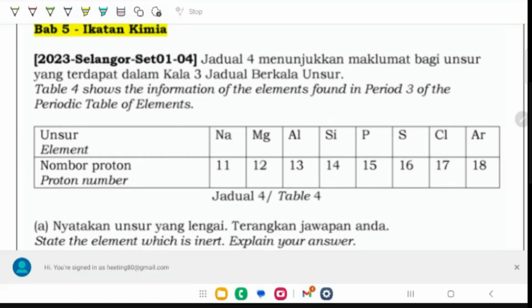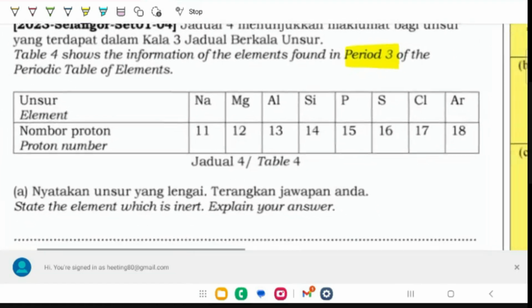So if we just do all the exercises, there should be no problem. The table shows information on elements found in period 3 of the periodic table. Period 3, still remember?